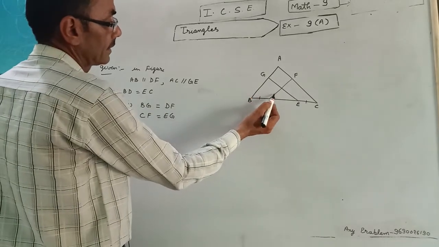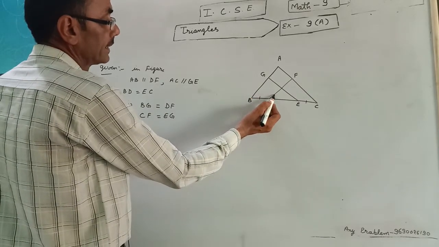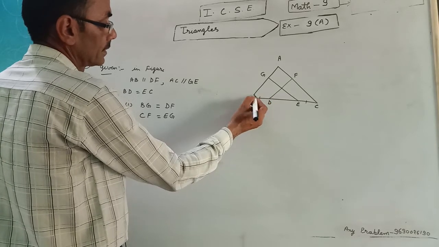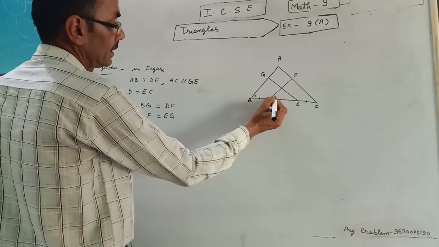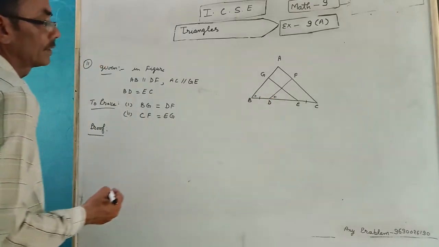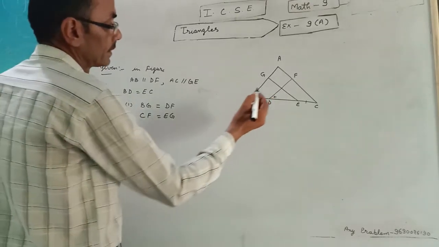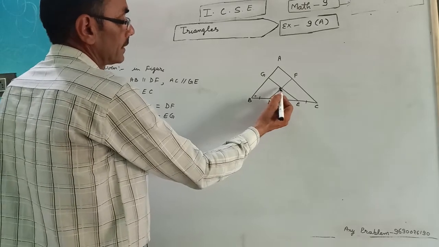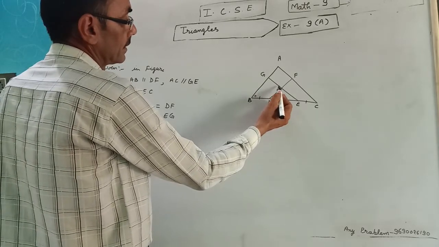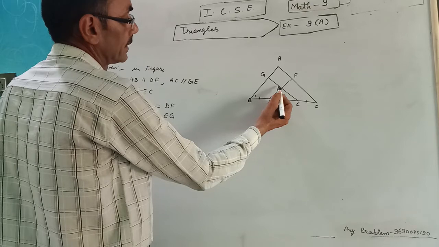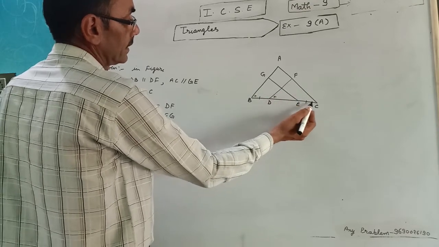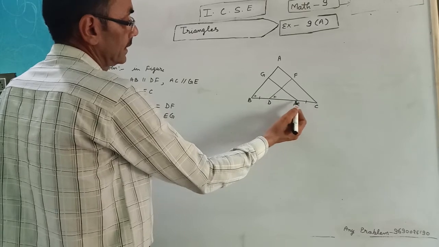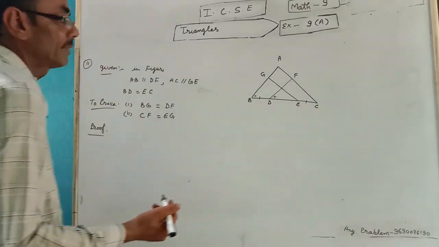Proof: AB parallel to DF, angle B is equal to angle D, corresponding angles. AC parallel to GE and EC will be the transversal line.